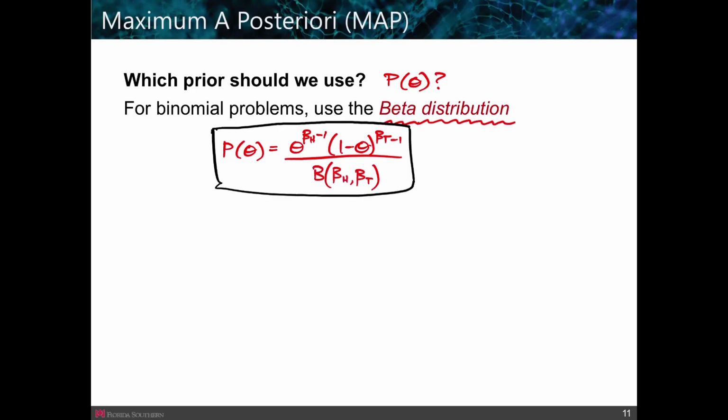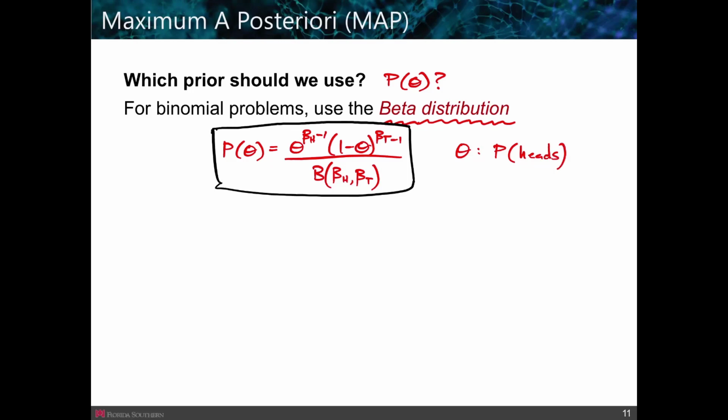So our prior probability of theta, any of our parameters, which here we're still going to keep with, notice the h and the t. This is assuming, for instance, that theta is defined as the probability of flipping heads. So we're using that coin flipping problem as just the generic template for any binomial problem.